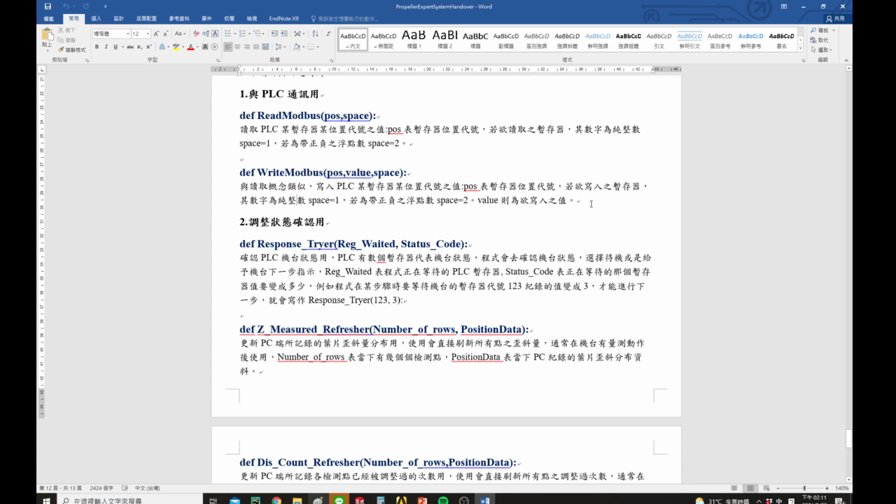If it's a pure integer, the space equals 1. If it's a float number, the space equals 2.